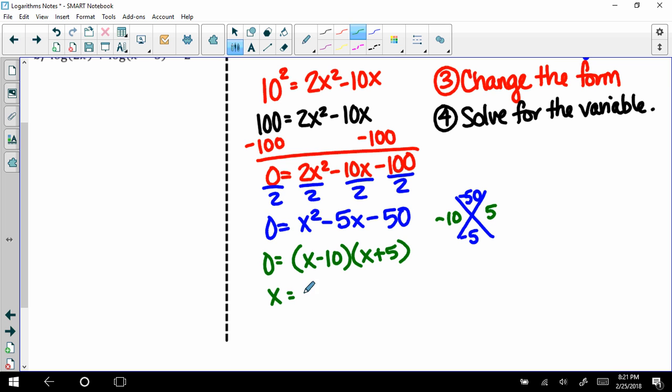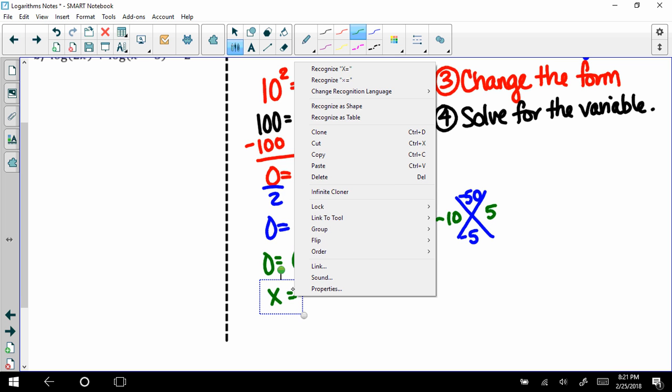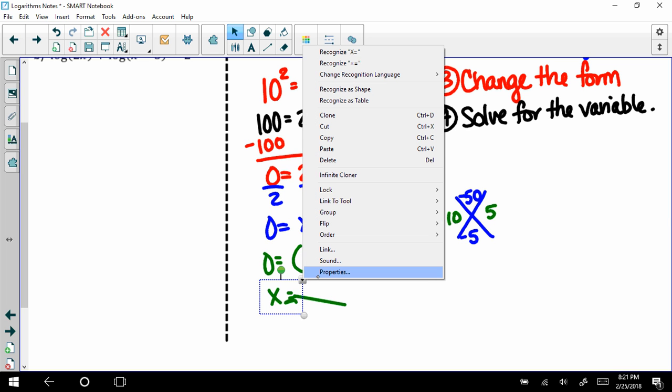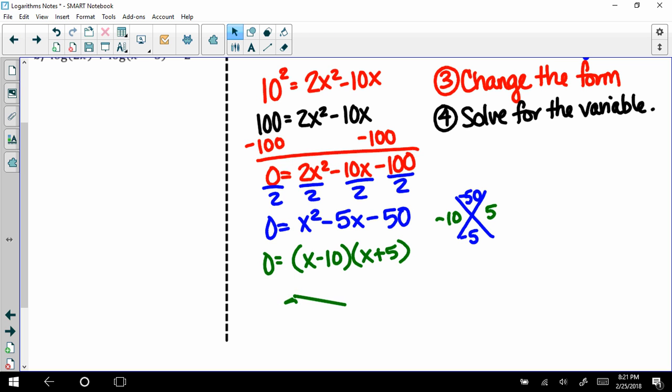How we solve is we set each parenthesis equal to 0. So x minus 10 equals 0, and x plus 5 equals 0. That's how you solve by factoring.